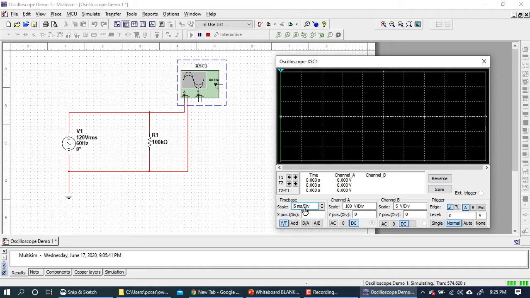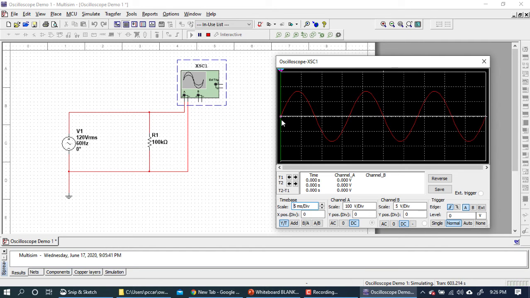So that means we have 3.3333 times 5 milliseconds. Let's bring up the calculator. 3.333333 times 5 milliseconds equals 16.66666666 and continuing milliseconds.